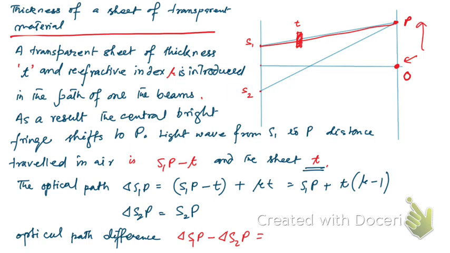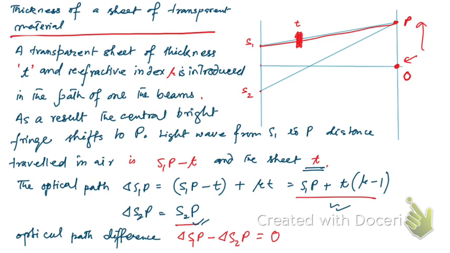As I have said, on putting this sheet, the central bright is shifted to P. That's why the optical paths must be equal at the central bright, so that must be equal to 0. Now from these two results, let's use them on the left hand side.